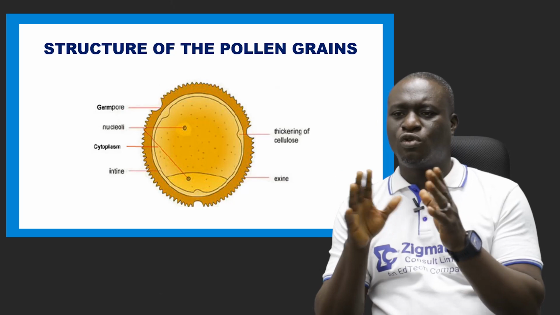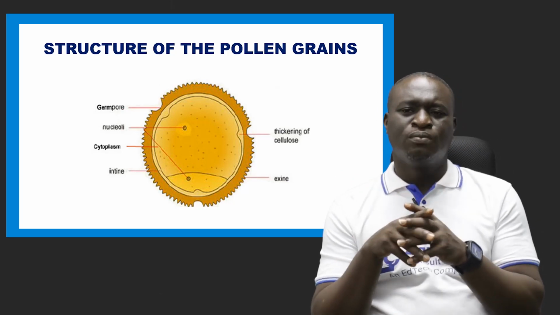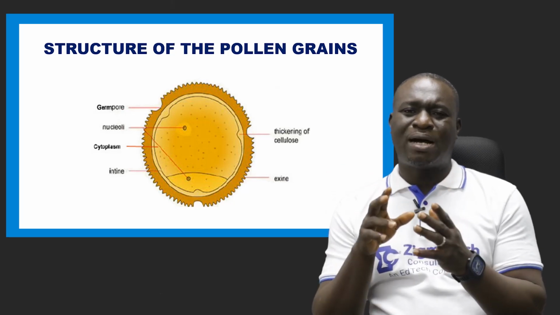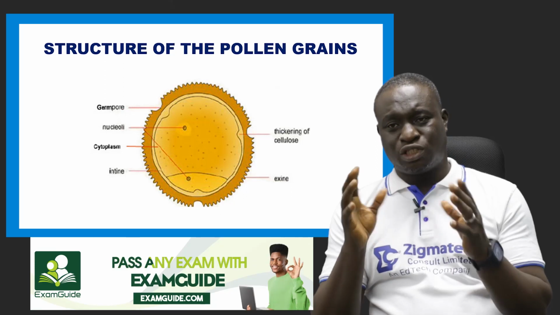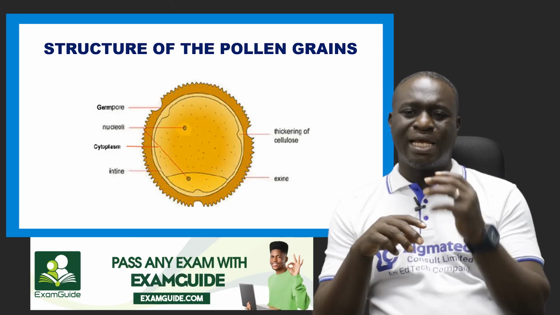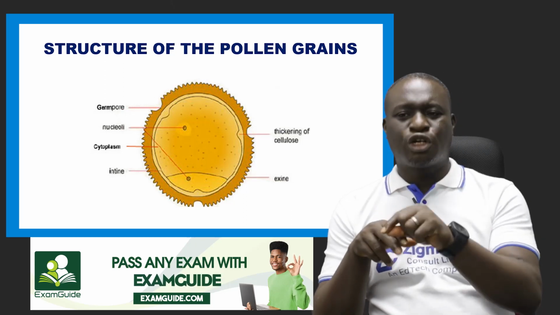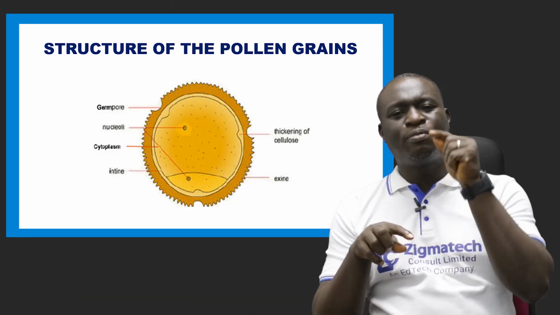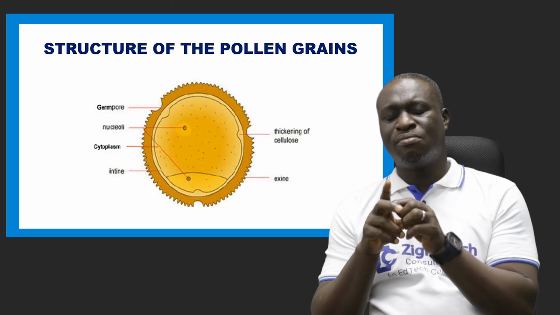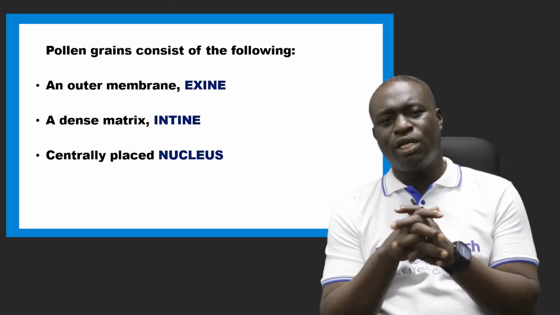Now the things I want to point out are the exine, which is the outer membrane that protects the inner structure of the pollen grains, the intine, which is a dense cytoplasm, and the nucleus, which plays a major role in fertilization. So that is the structure of the pollen grains.